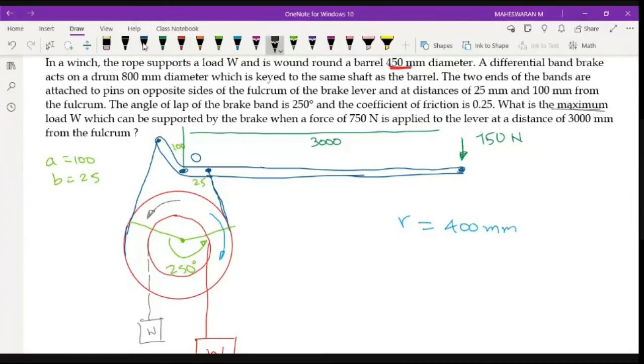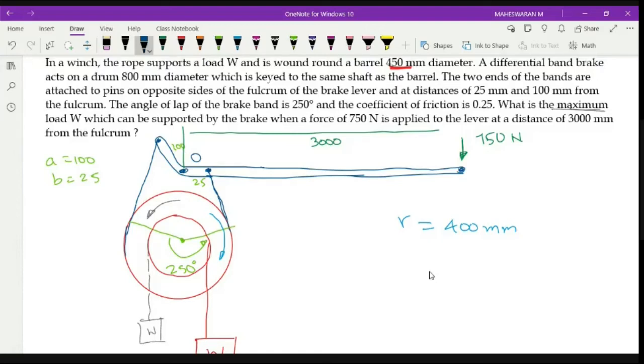Any doubt in the question? Sir, so we have to find for both clockwise and anti-clockwise, and write whichever is the maximum as the answer? Yes. In the last problem, we saw that the force comes less for clockwise. It depends from problem to problem, and for each problem we have to do both clockwise and anti-clockwise if they ask an open-ended question like this.